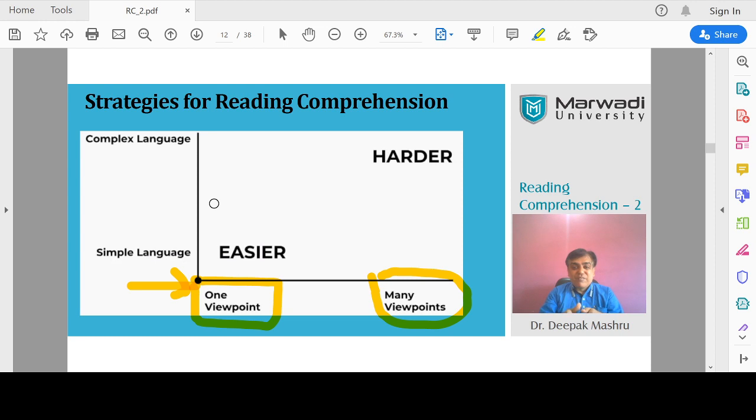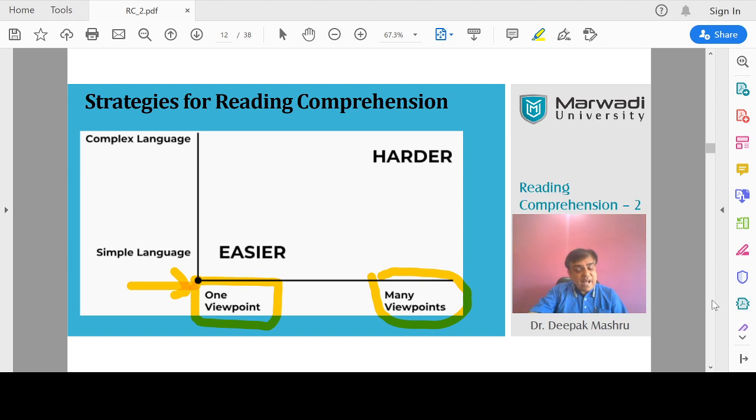Now, the thing is that there are multiple viewpoints. That means I, the author, talk about one point, second point, third point, fourth point, and the paragraph goes on, transitioning from one place to another. So here, that's a problem.